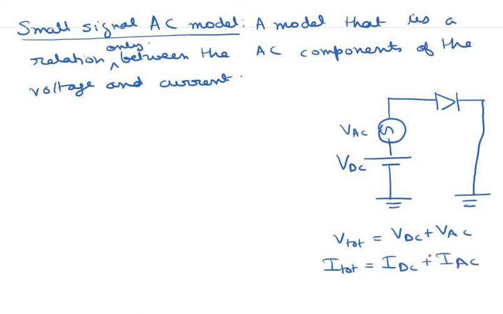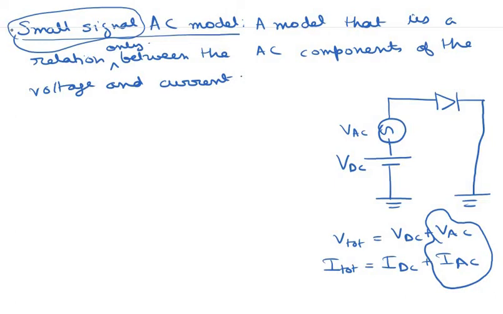So the small signal AC model relates the AC voltage with the AC current. It doesn't give us any relation between the DC voltage and the DC current. And what is the meaning of small signal? Small signal means that VAC, the amplitude of the AC voltage, is much less than VDC.